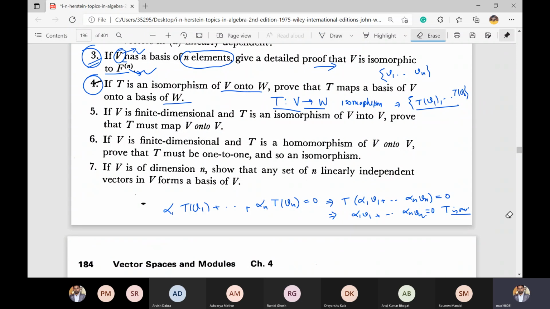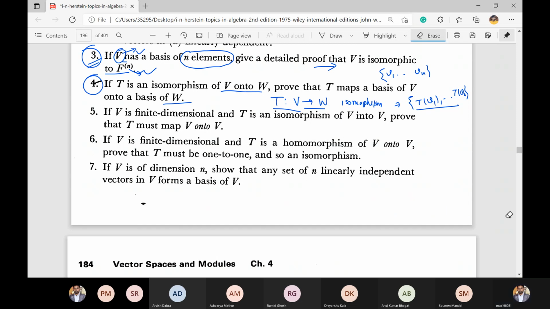So this part has been done, that it is linearly independent. So how will we prove that it spans the vector space W? Anyone?